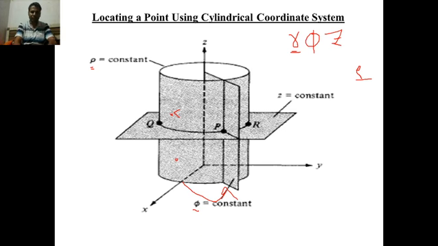Here in this particular lecture I just wanted to show you, by intersecting the r plane, phi plane and z plane, we can get a point like this. This lecture is not intended to explain you 3 planes and comparison of these 3 coordinate systems. This lecture is intended to show you how the 3 planes can intersect so as to get a point in this coordinate system.